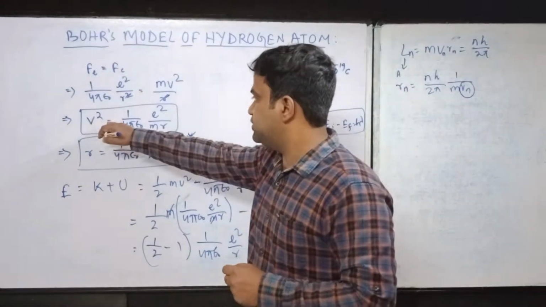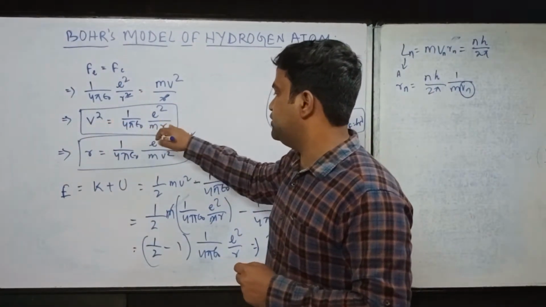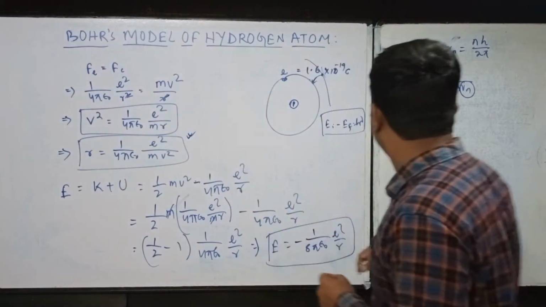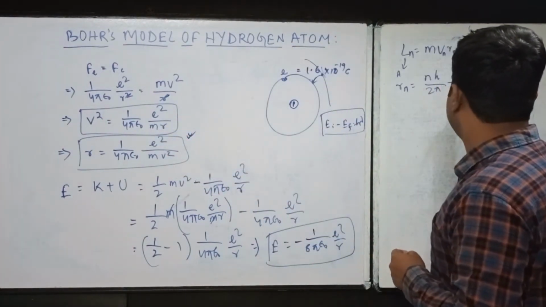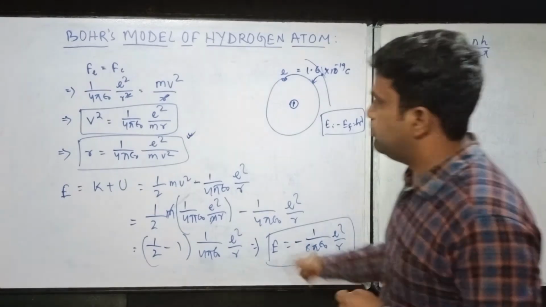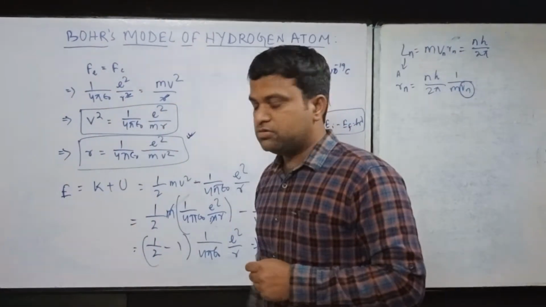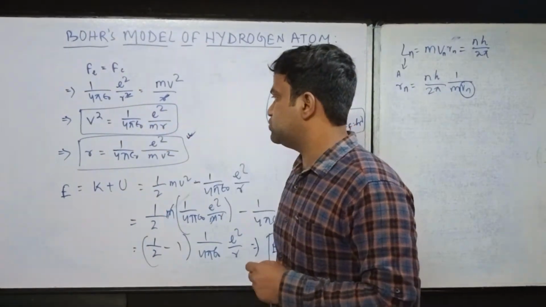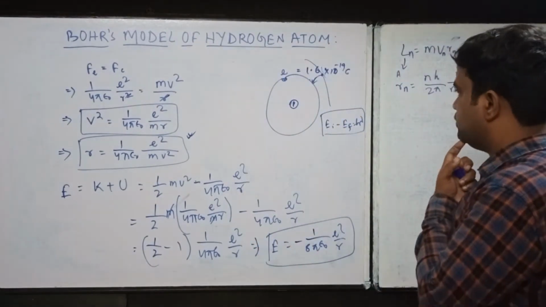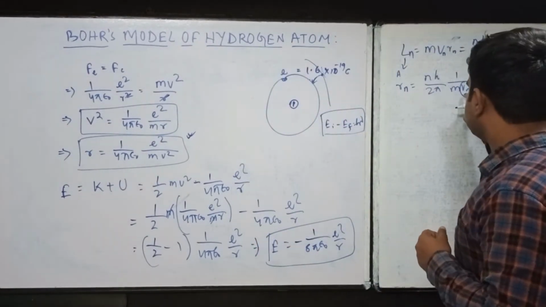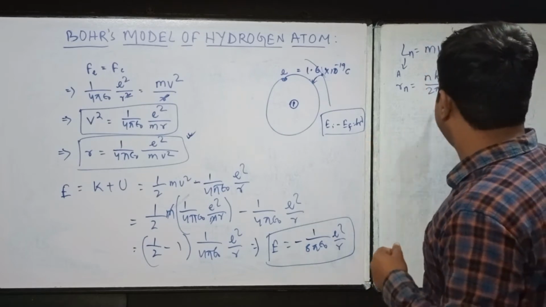For the nth orbit the value of Vn you can put here, so it will become the square root of e square by 4 pi epsilon naught m Rn.